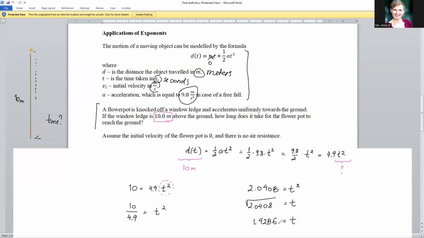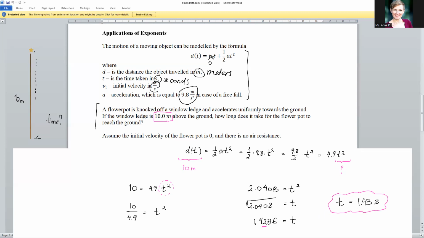Hopefully the question will say how you should round, but if not, I'd say 2 digits is good enough. So let me round this number. After 42, there is 43 seconds. Units of measure, seconds. And that's how long it takes for the pot to fly down.